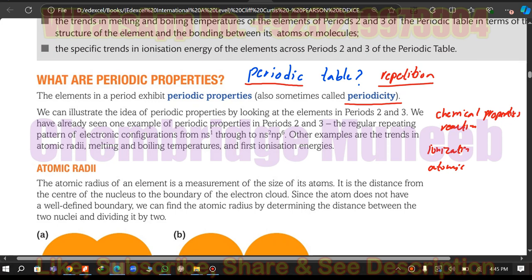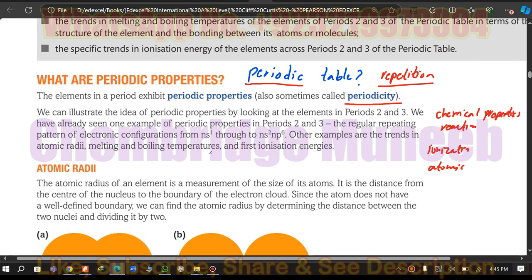Like you know that all the elements in group 1 are called alkali metals. Why are they called alkali metals? Because as you move from left to right, the properties match those of the same group, and they have similar chemical properties. That's why we call it a periodic table.